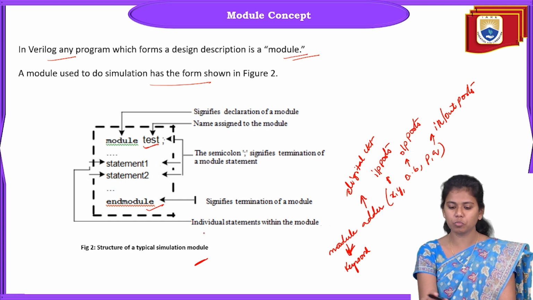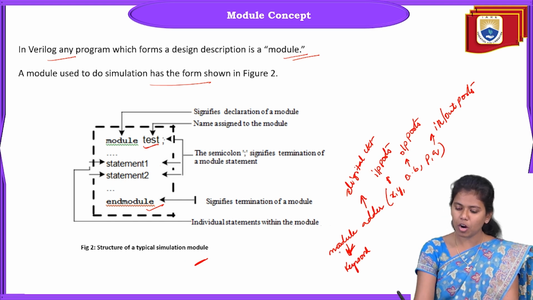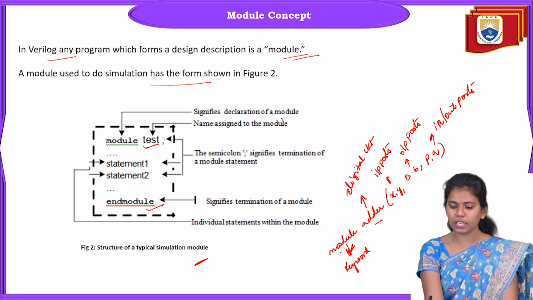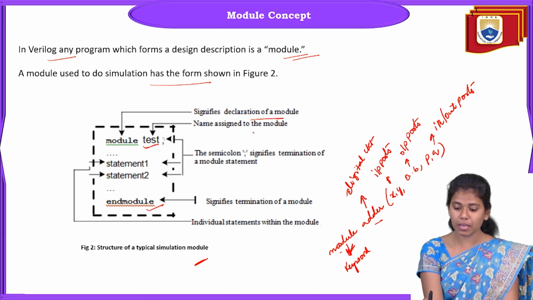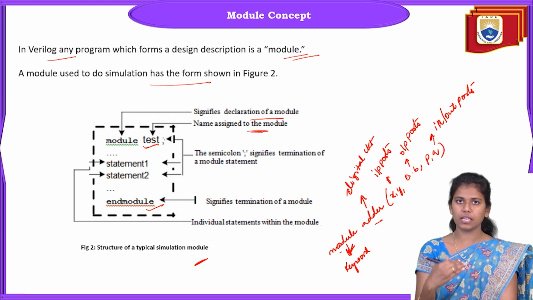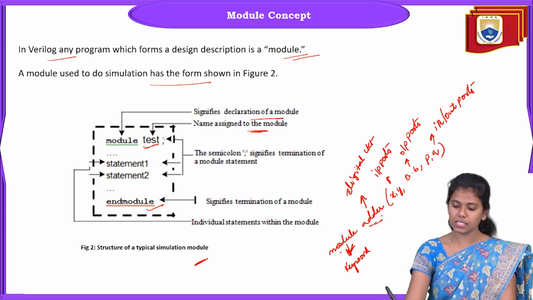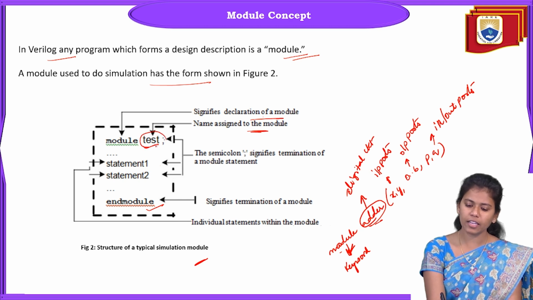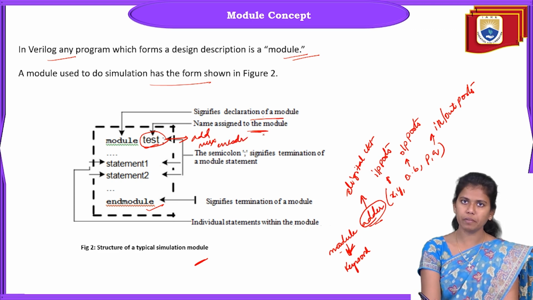For this typical simulation model, we have a module test. This signifies the declaration of the module. This is how we declare the keyword module, and test is the name assigned to the module. In the previous example, the name I assigned was adder. Here I can assign adder, multiplexer, encoder, whatever it is.